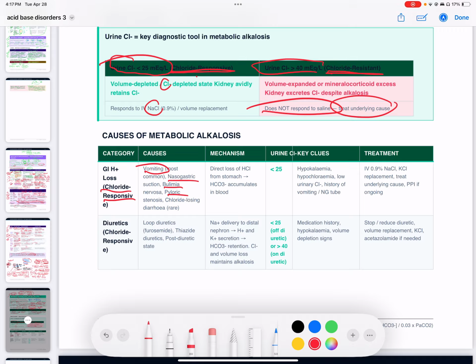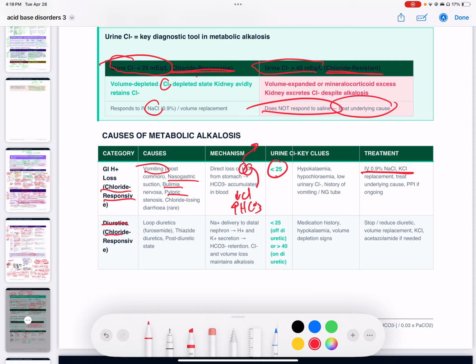And here you have direct loss of hydrogen that causes alkalosis, and decreasing the chloride will increase the bicarb as a compensation. What the kidney will do is try to retain and not lose the chloride. So if you check the urine chloride, you will find it low. So if it's low urine chloride, that means it's chloride responsive, and the treatment will be chloride or normal saline.